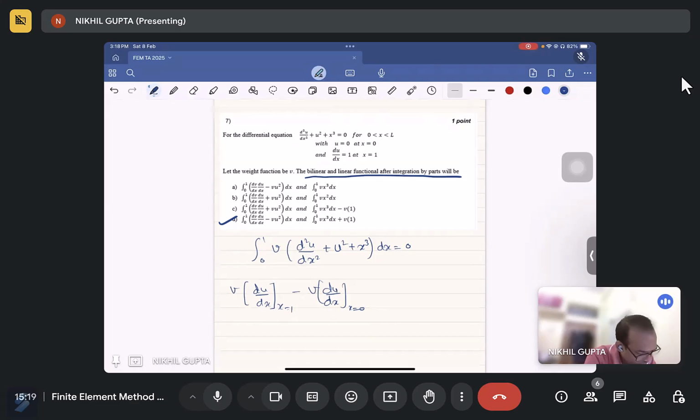Okay, now you are saying it should be generated by this. Yes, it is going to be.